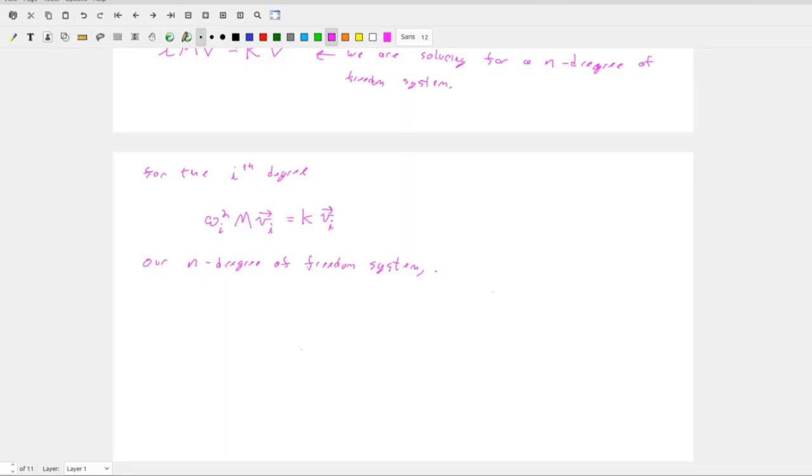So our variable for displacement is x, and it's a vector, because maybe we have a system like a plane wing, and we have lots of degrees of freedom: x1, x2, x3, x4. That makes sense? So we're solving for a vector of x.